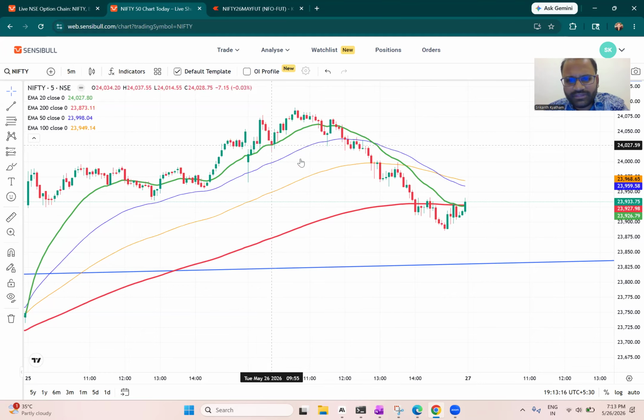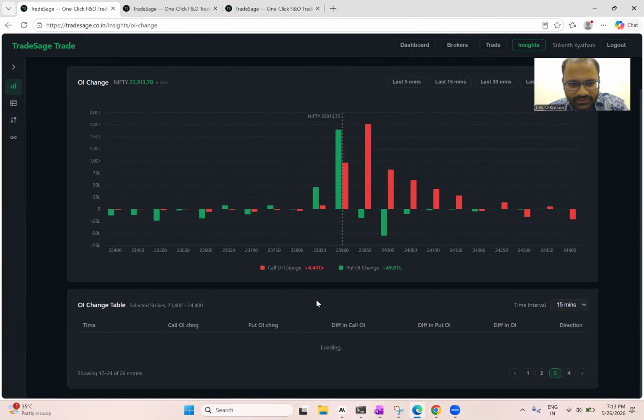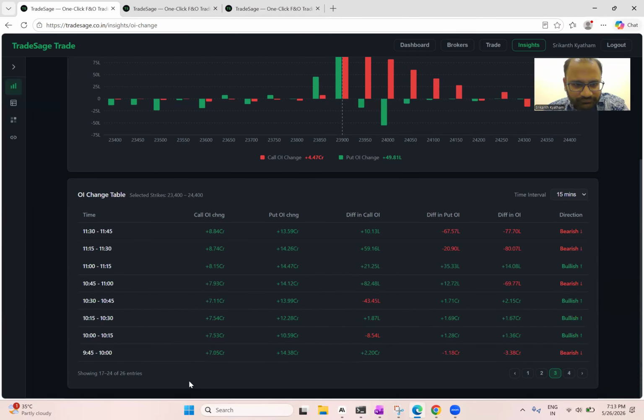Okay, so let's look at the data at 9:55. It's bullish, looking at the OI.